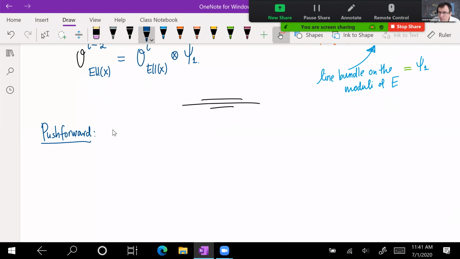So pullbacks are defined for any continuous contravariant map. These push forwards are not defined for any maps. They're defined for something called complex oriented maps.